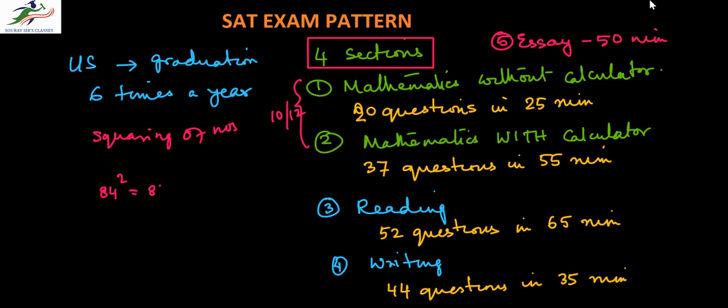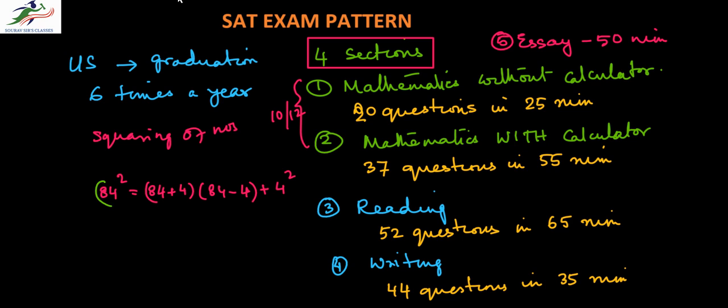So I can add plus 4 and I can subtract minus 4 and I can add 4 square. Now all I'm doing here is applying the concept of a square minus b square.